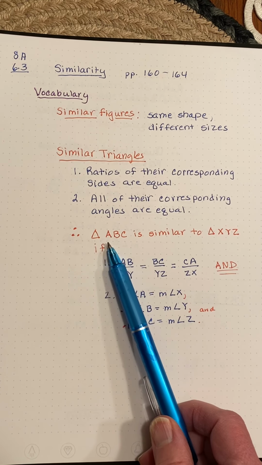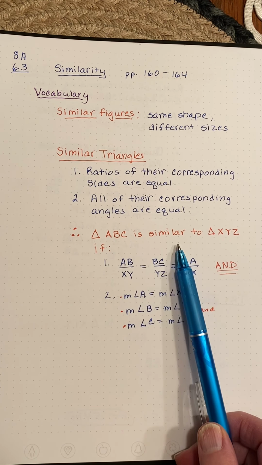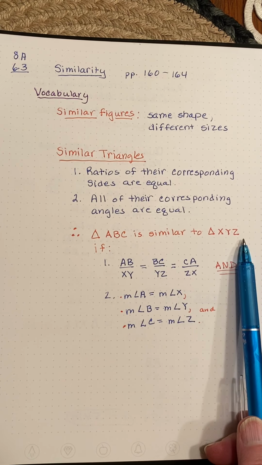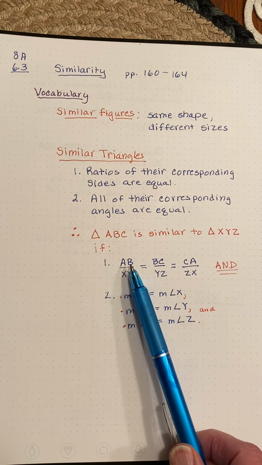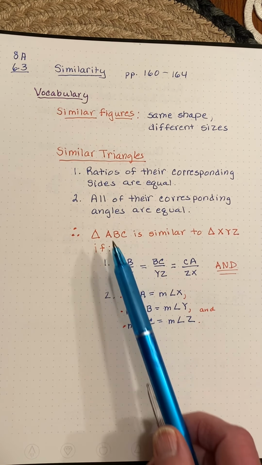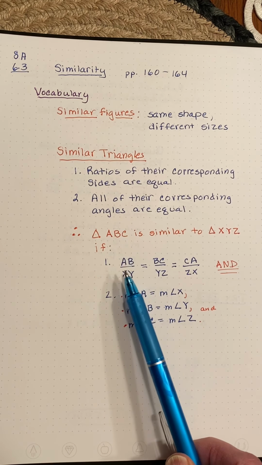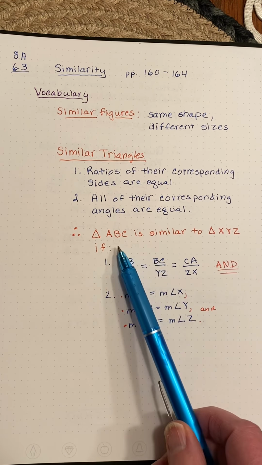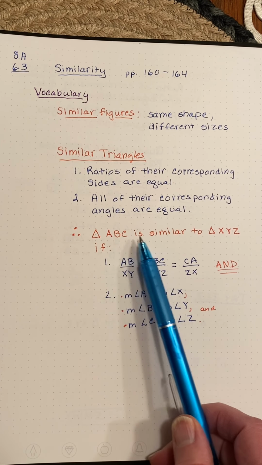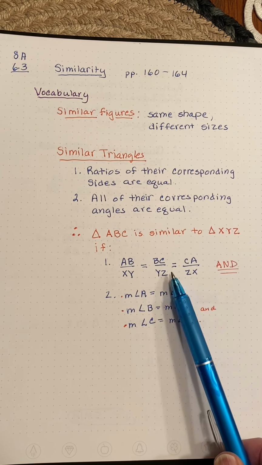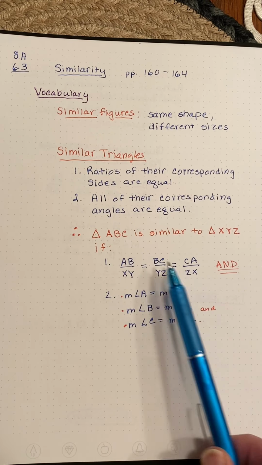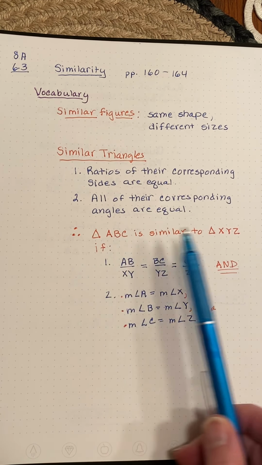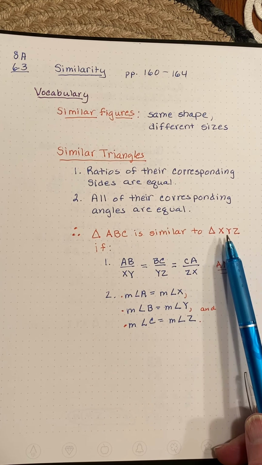Therefore, triangle ABC is similar to triangle XYZ if AB, so this would be side AB over side XY, is equal to BC over YZ, which is equal to CA over ZX.